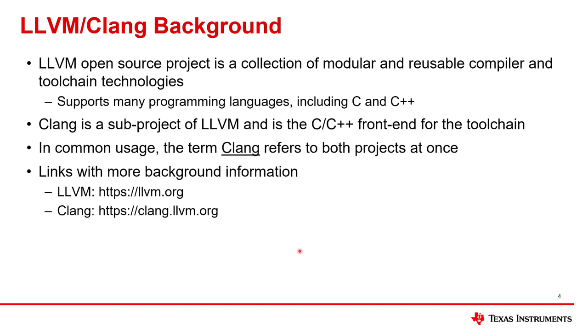Remember in our previous video how I talked about the front end is the piece of the toolchain that issues diagnostics, okay? So that's what we're talking about here. So in common usage, the term Clang refers to both of these projects at once. And if you want some more background on these projects, here's some links you can visit right here.